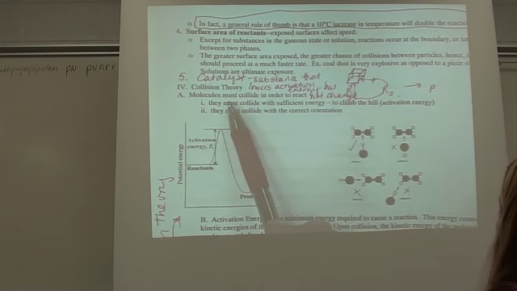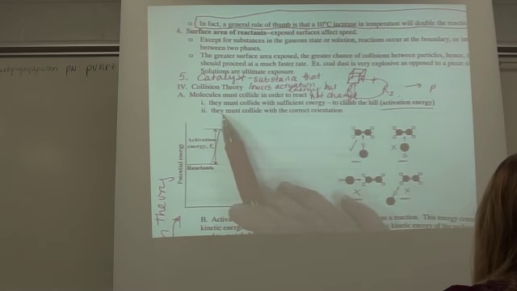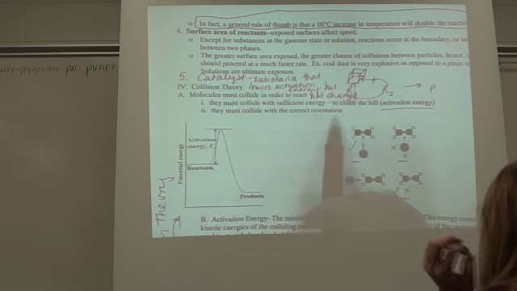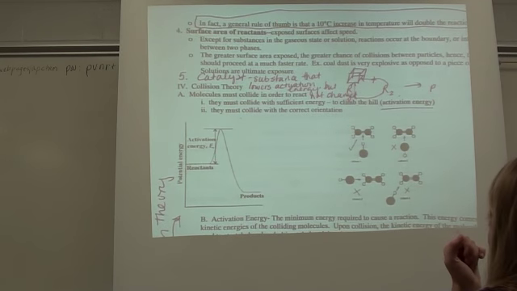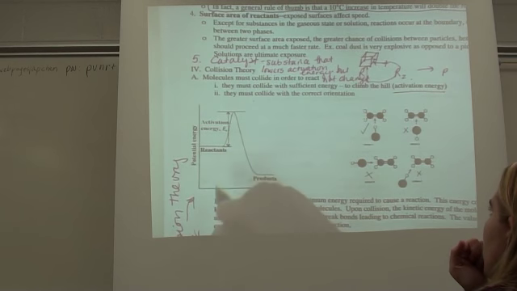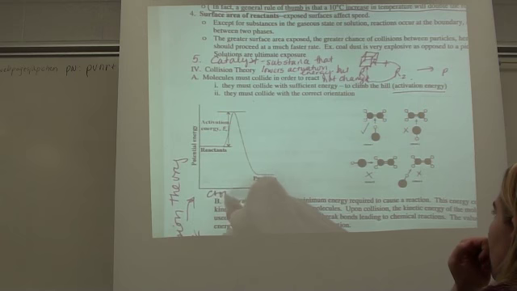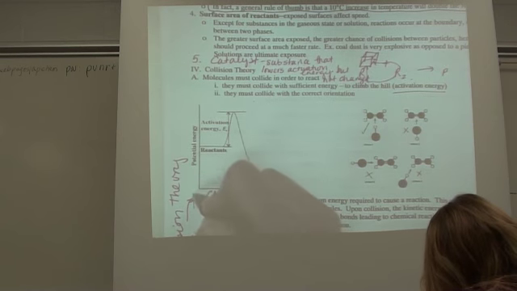The second thing is they have to collide with sufficient energy. That energy is the activation energy, and they must collide with the correct orientation as well. All right, so here is a graph of the potential energy. The x-axis is called a lot of things. I generally call it a reaction coordinate.